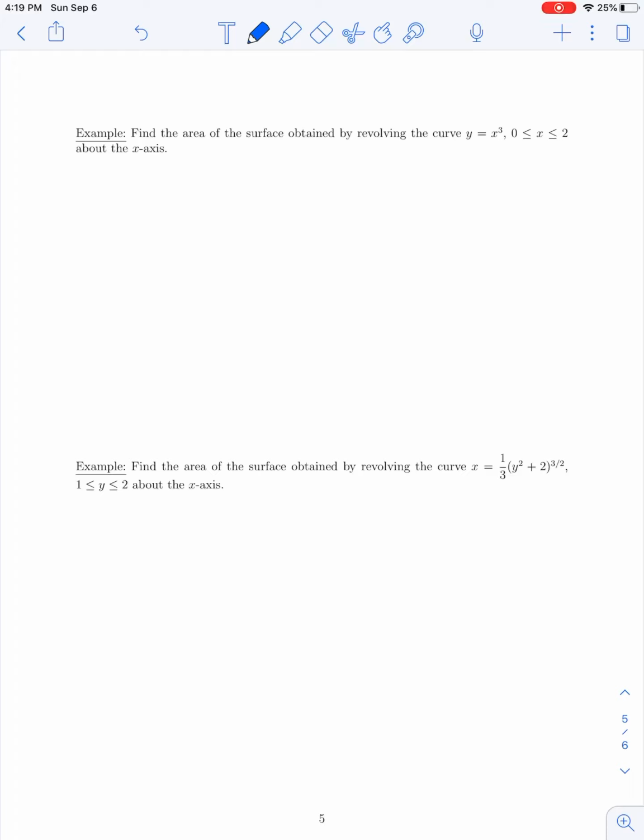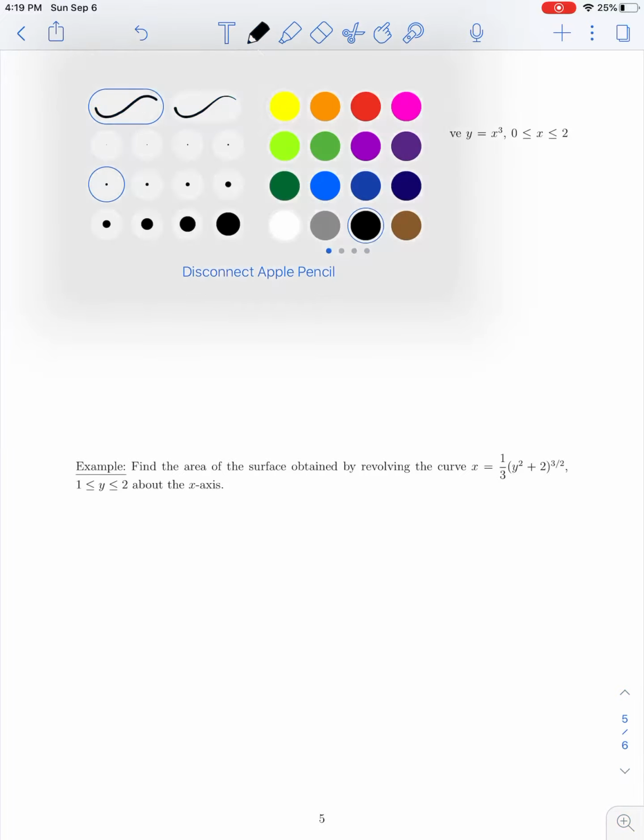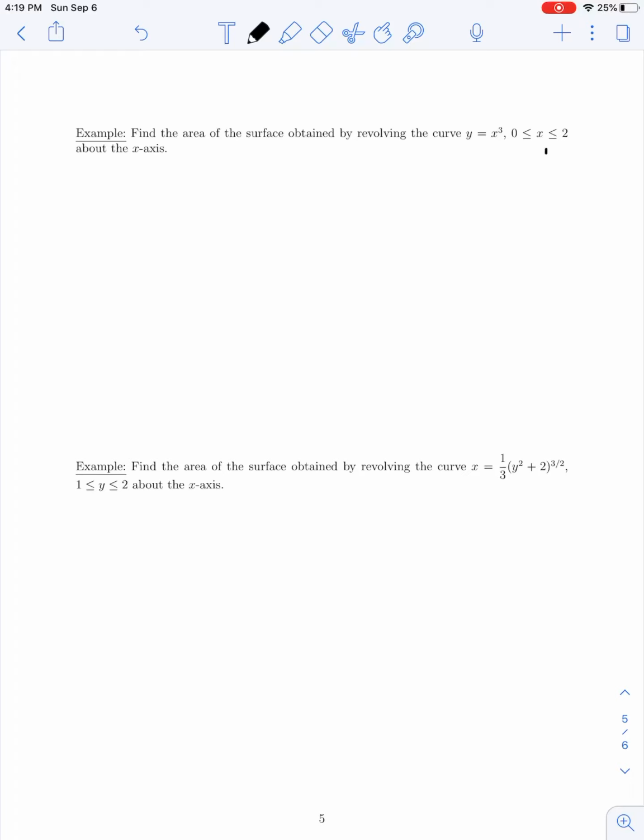So in our first example, we're asked for the area of the surface obtained by revolving the curve y equals x cubed from x equals 0 to 2 about the x-axis. So this one we might even be able to visualize a little bit. If we can graph our function, it may help to visualize it.